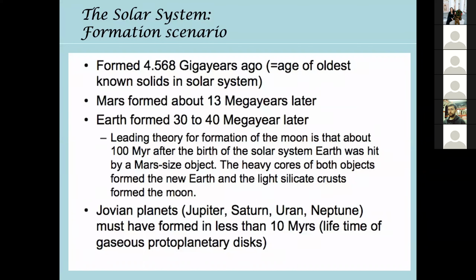But this is what happened. These bodies collided, and the energy of the collision made the Mars-sized object completely molten. Then you have a lava magma ocean on the Earth, and the production of a disk around the Earth that would then form the moon, which initially was very close to the Earth.